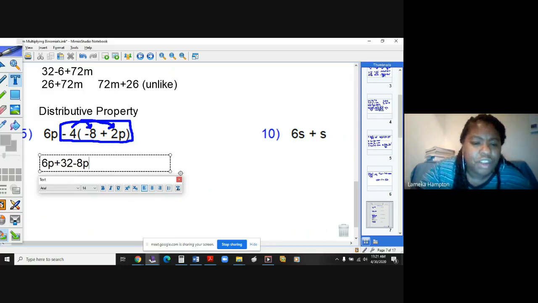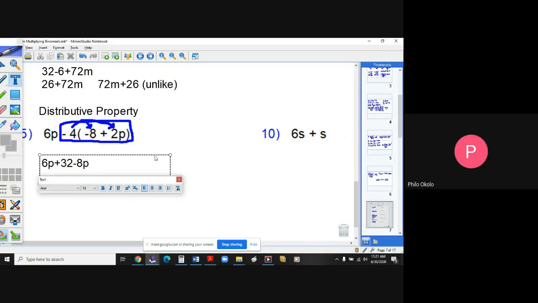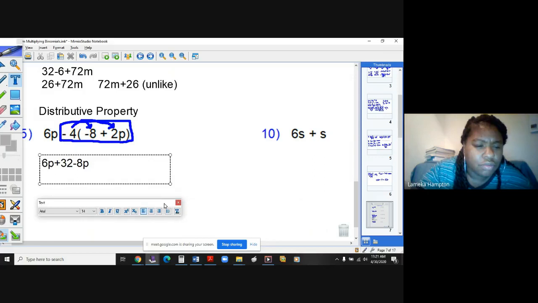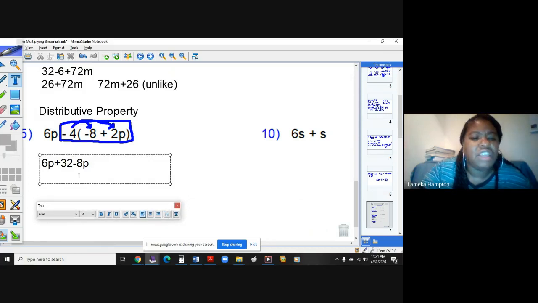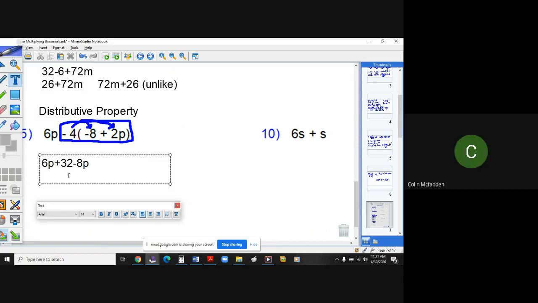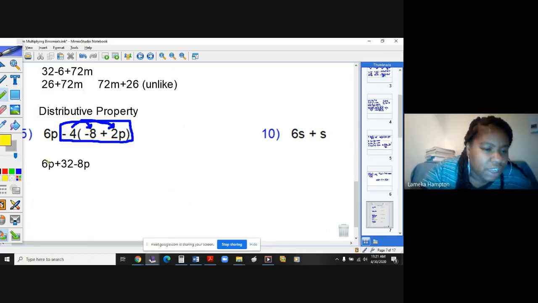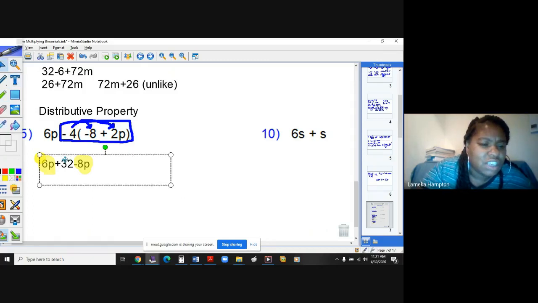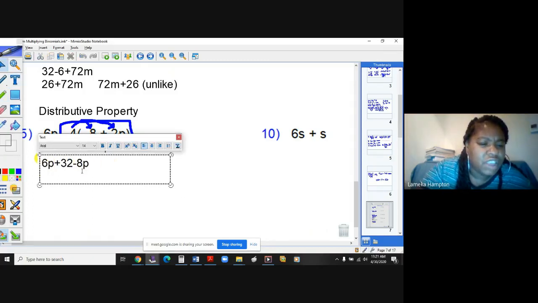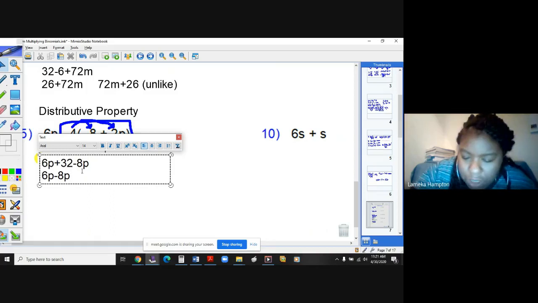So with that being said, what I want to do now is move this down here. Do I have any like terms? The 6p and the 8p. Yep. So I have 6p minus 8p plus 32.